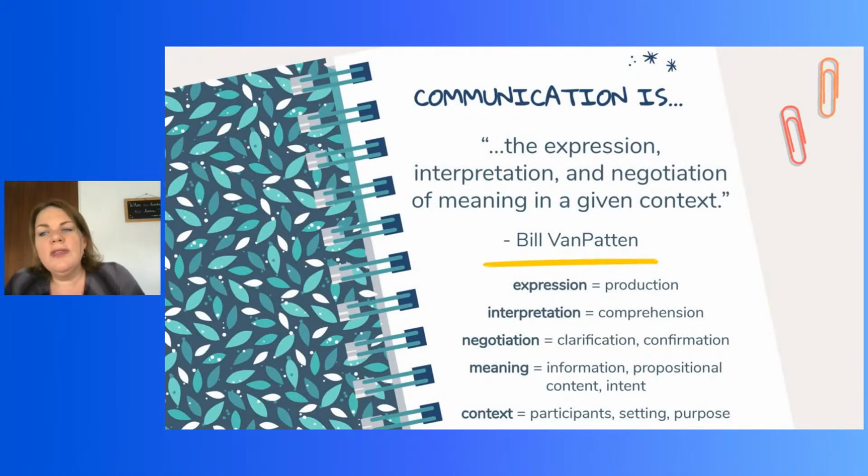So the definition of communication that we're going to use for our purposes is the following. The expression, interpretation, and negotiation of meaning in a given context. And I take this definition from another expert in the field of language teaching and language acquisition, whose name is Dr. Bill VanPatten.